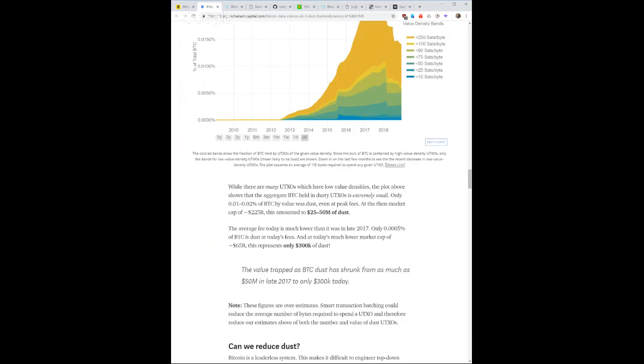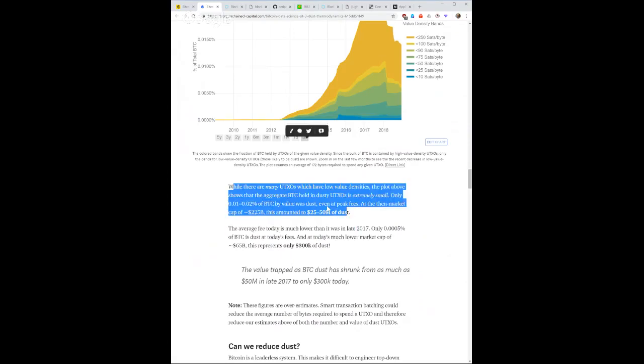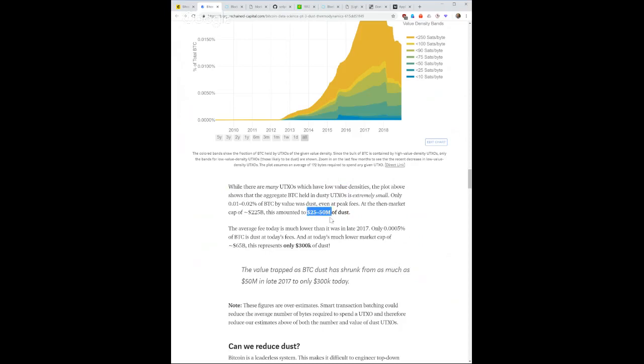The key here is that as of last year, it was like $25 million to $50 million of Dust on a market cap of $225 billion. Right now, there's a much lower market cap of $65 billion, but there's only about $300,000 worth of Dust, and that's kind of a tax on every node, right?